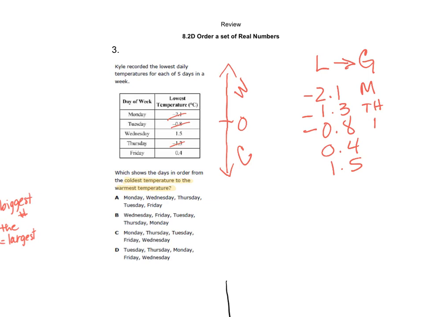Negative 0.8 is Tuesday. This is Friday, and this is Wednesday. So Monday, possible, not possible, not possible, and Monday, possible. So Monday, Thursday, not possible, possible.